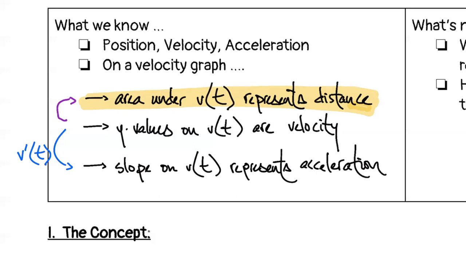V double prime of t? It is not v double prime of t, no. Just v of t?